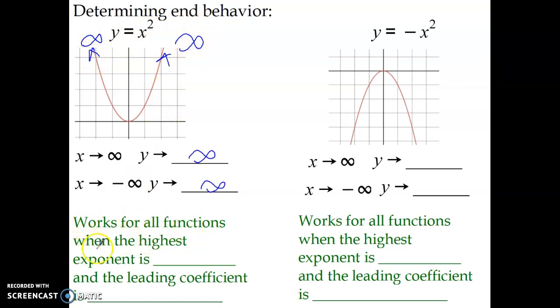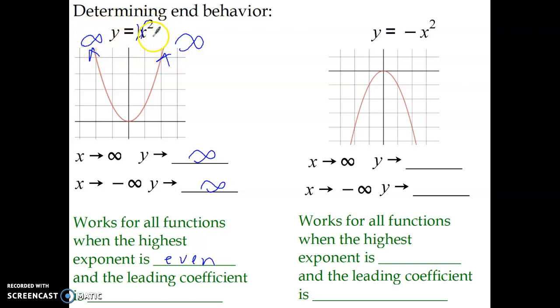So for all functions, when the highest exponent is even, now look at the leading coefficient. We've got to fill in that second blank. The understood coefficient right here is a positive 1. So when I have a positive 1, oh, you can't even see that. Let me put it over here. Positive 1. So when you have a positive leading coefficient, you guys know that the parabola opens upward.